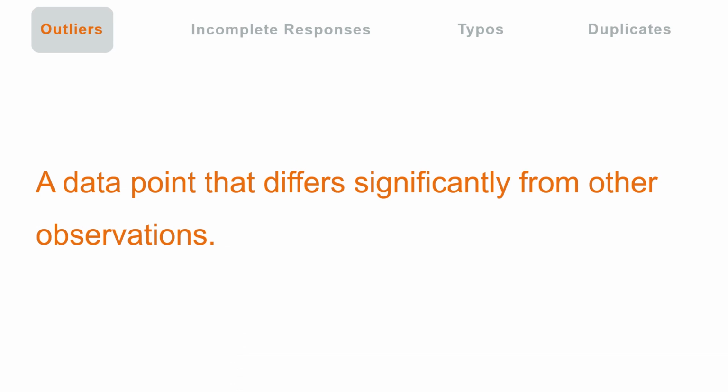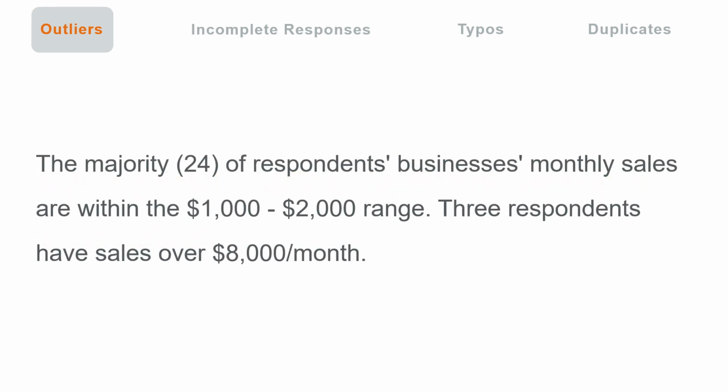We'll start with outliers. These are data points that differ significantly from other observations. For example, say that the majority, let's say 24, of respondents' businesses' monthly sales are within the $1,000 to $2,000 range, but 3 respondents have sales over $8,000 a month.